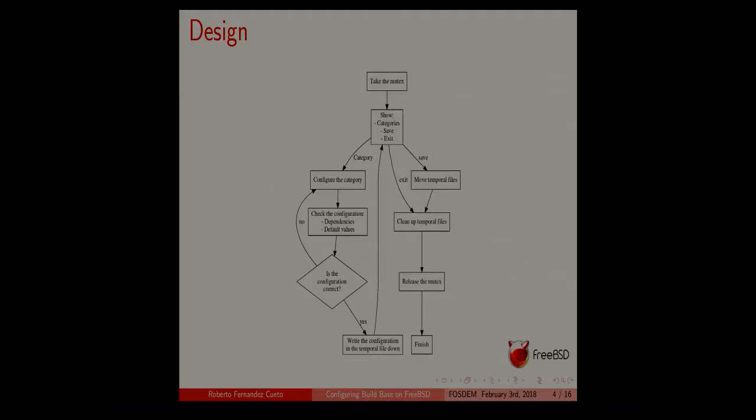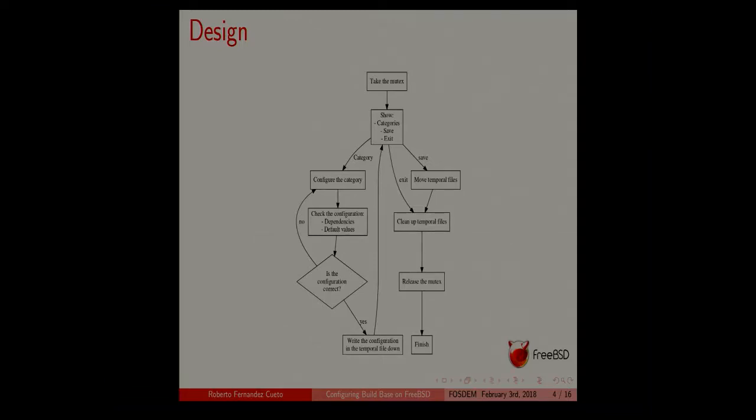when he's satisfied with his choices, then we check the configuration. We check the dependencies of the build options, if there are any, if they are satisfied, and if the chosen options are default values.